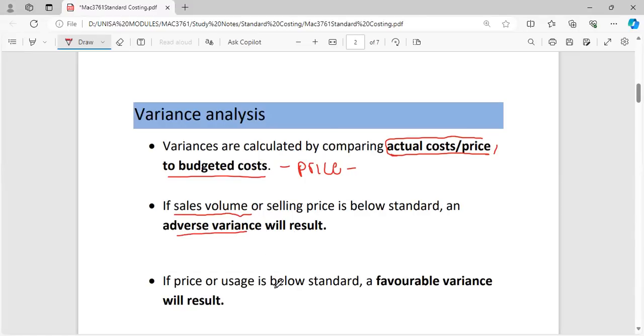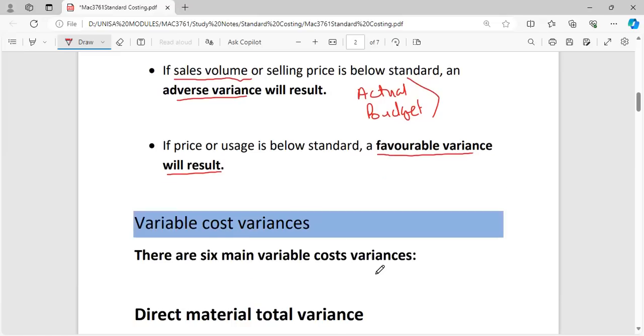If price or usage is below standard, a favorable variance will result. So these are some of the things that you should look at when you are answering your question. So in standard costing, it's all about actual and budgeted. That's all about standard costing. So you look at the actual and the budget, right?